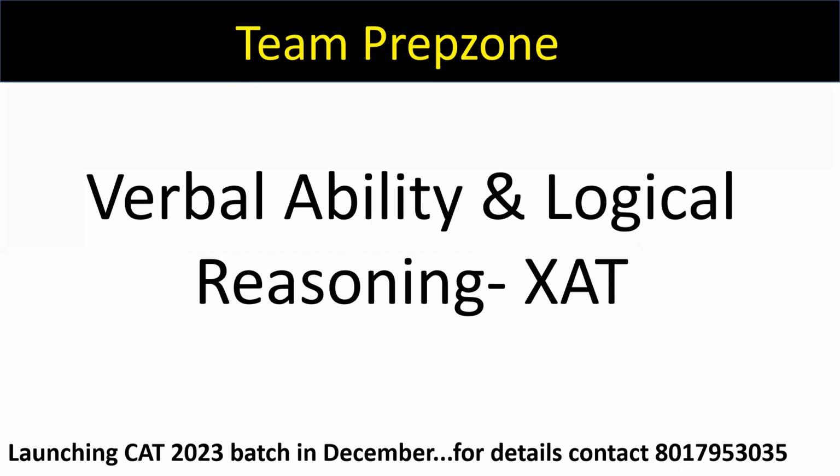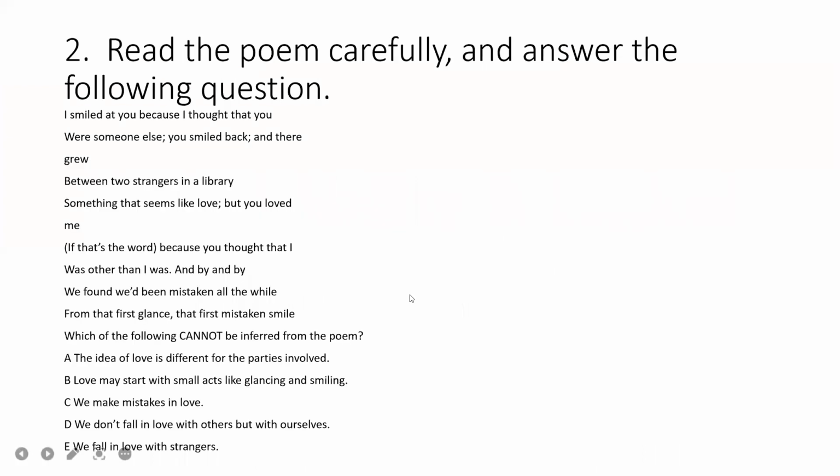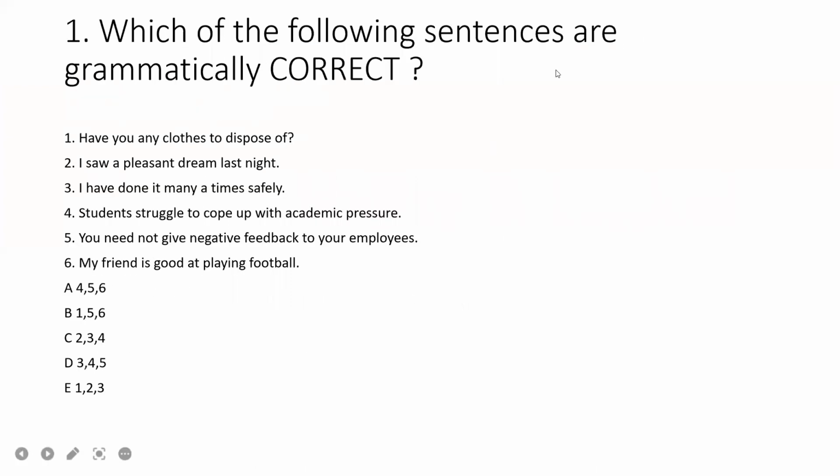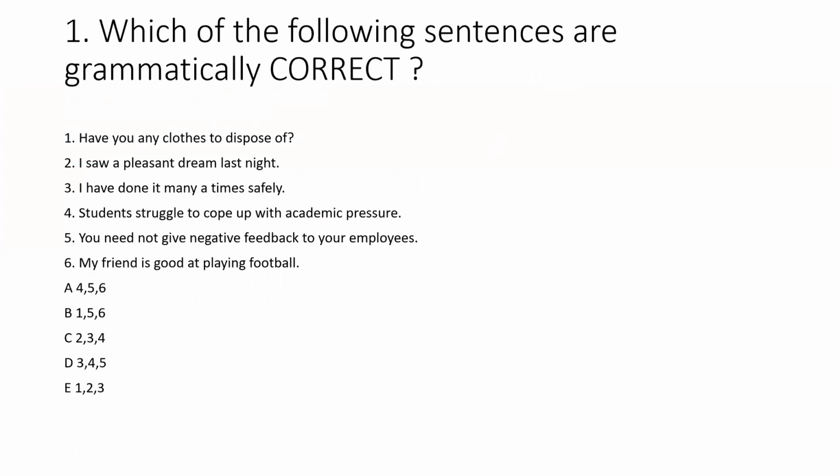Let's begin with question number 1. The first question relates to which of the following options are grammatically correct. So we are looking for options which are grammatically correct. In such questions, normally we look at the sentences which are given to us, and then we move to options.